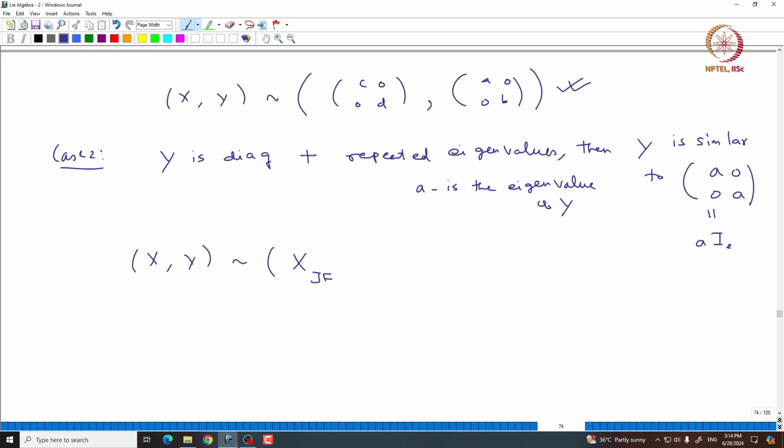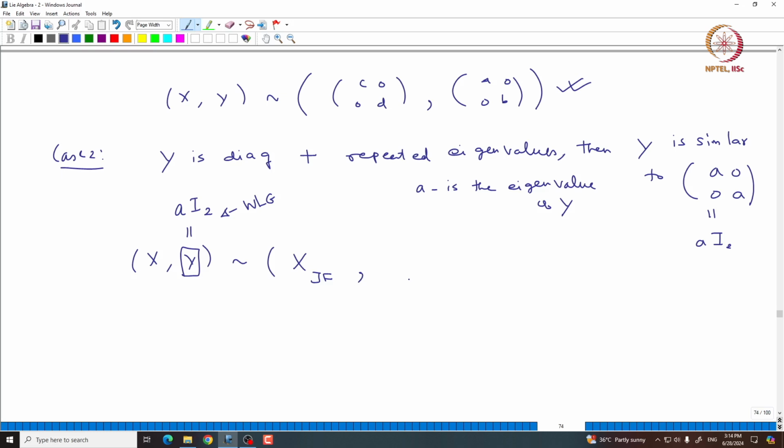So, then if we assume without loss of generality that y is of this form, A times the scalar matrix, A times identity, then this choice of G in GL2 of C gives you that the Jordan form is similar to x.